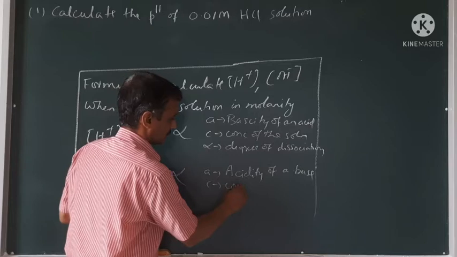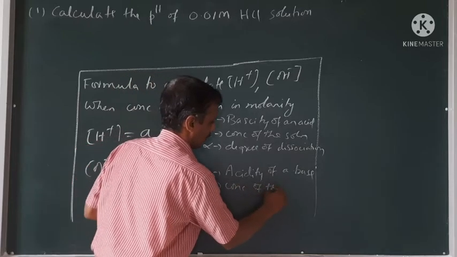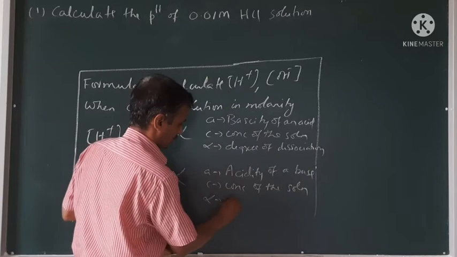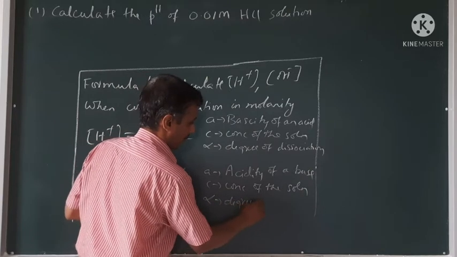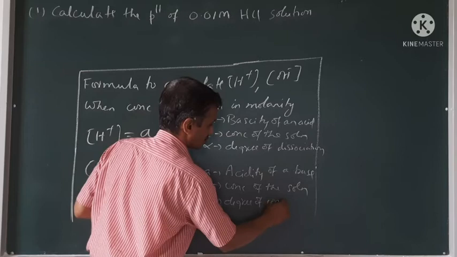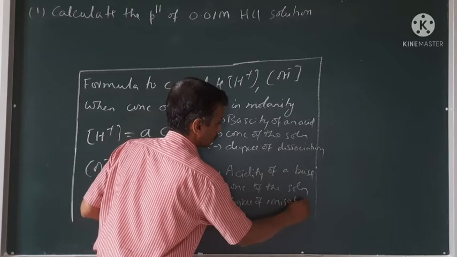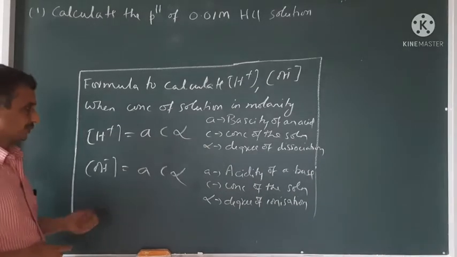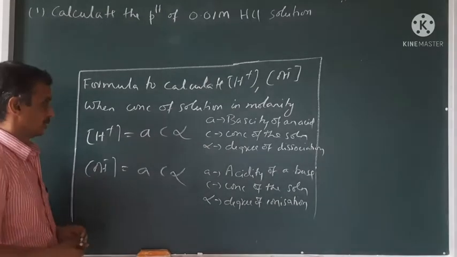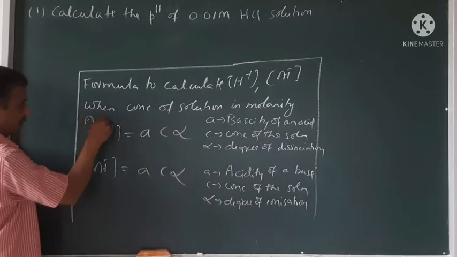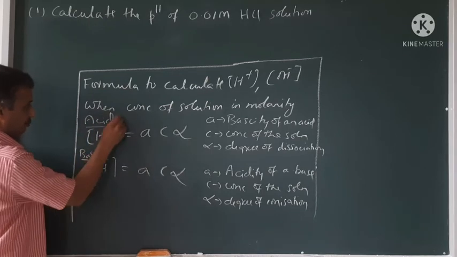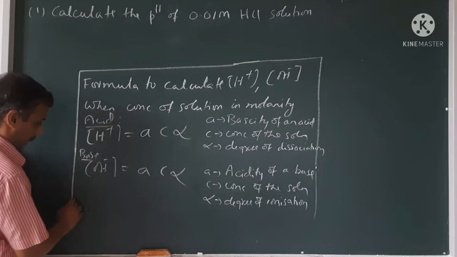C, concentration of the solution, alpha, degree of ionization or degree of dissociation. So one formula is for acid, this is for base. Note it properly.